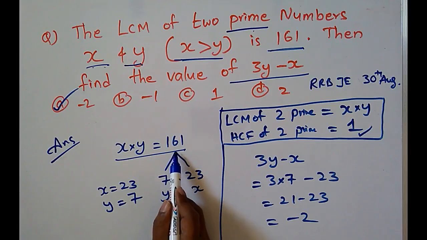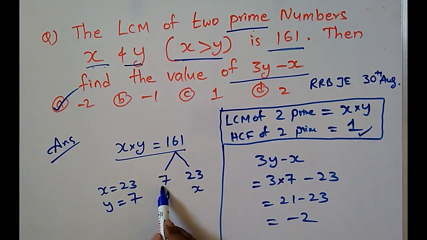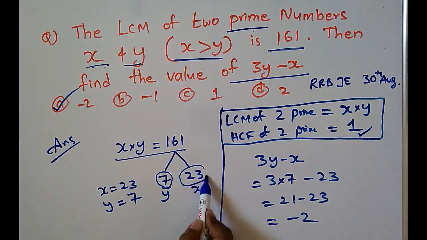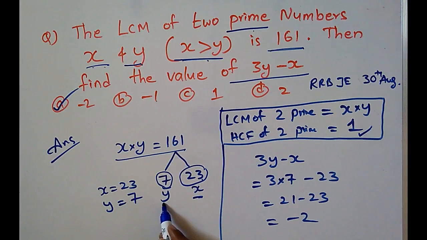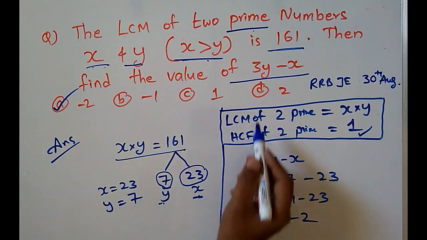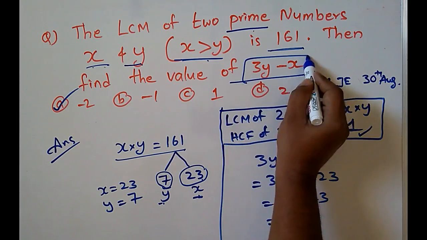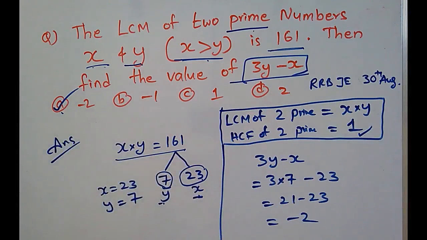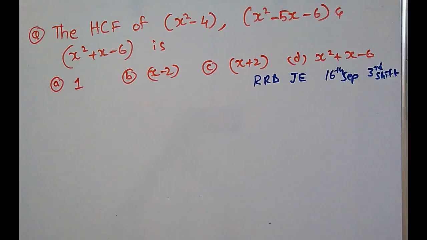From this we can have only two factors, 7 and 23. There are no other factors. So the biggest number should be x as given in the question, and the smallest number is y. By substituting x and y here in this question, we get the answer minus 2.